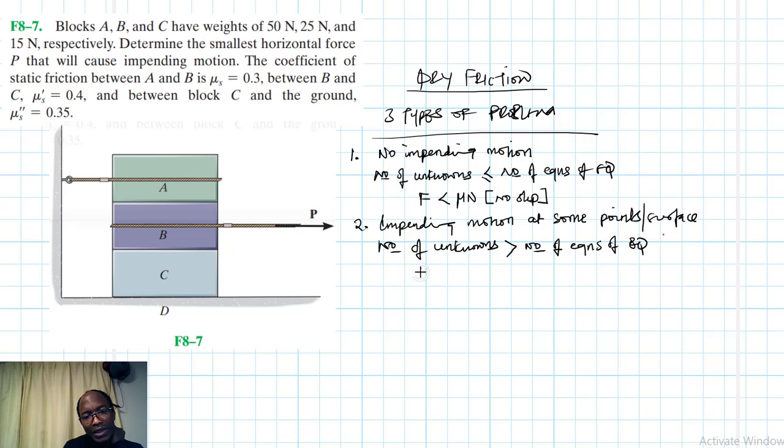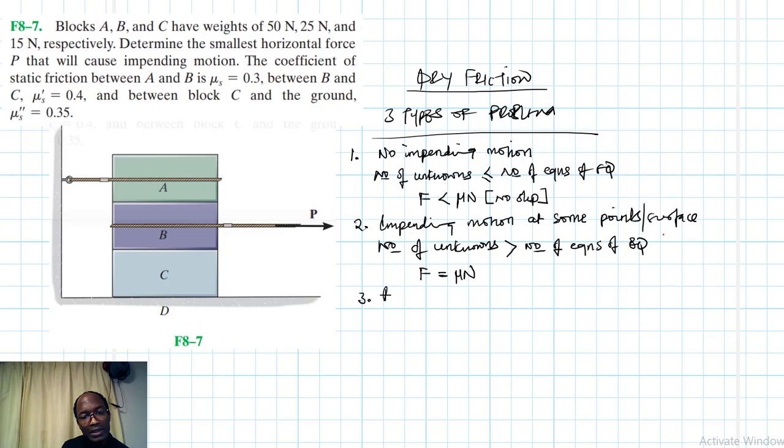So we invoke additional equations from friction, which is F equal to mu N, because we can only solve the unknowns if the number of unknowns is equal to the number of equations, so that we are able to solve them simultaneously.